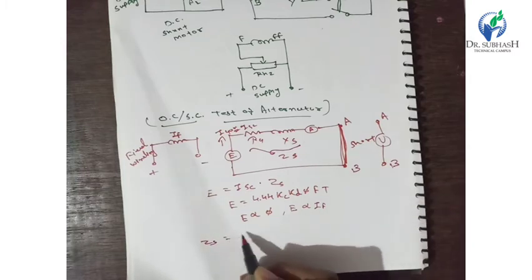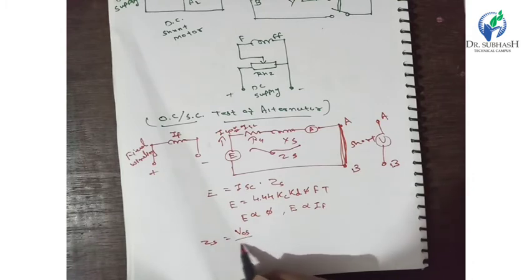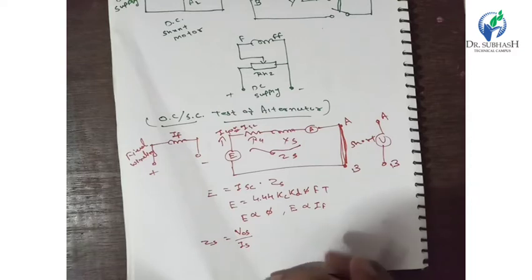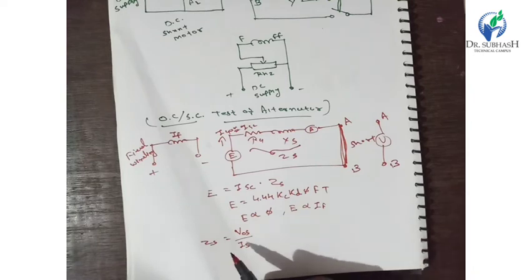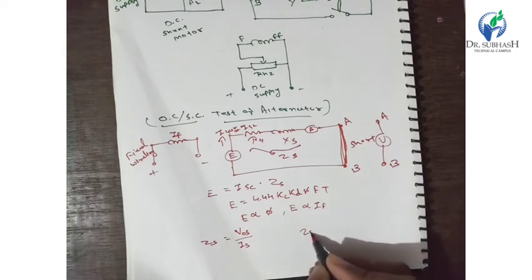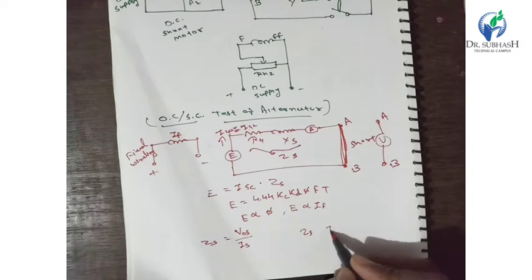ZS is equal to V upon ISC, which is the open circuit voltage upon the short circuit current. Hence, we always evaluate ZS for the same IF condition.